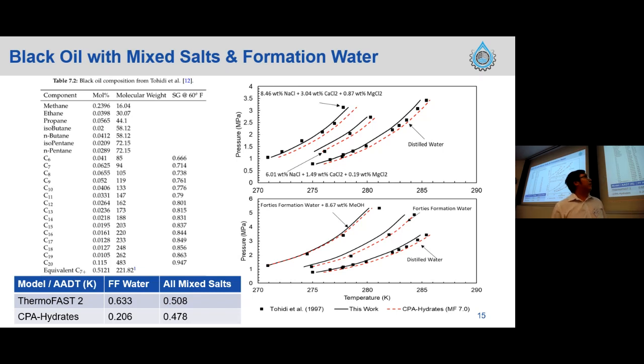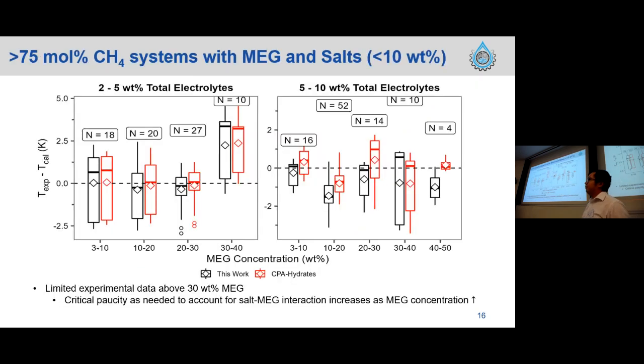Now let's move on to our last layer of complexity. We've considered mixed salts. What happens if we include the effect of MEG, the thermodynamic hydrate inhibitor? We're looking first at systems that have relatively low concentrations of electrolytes in total.